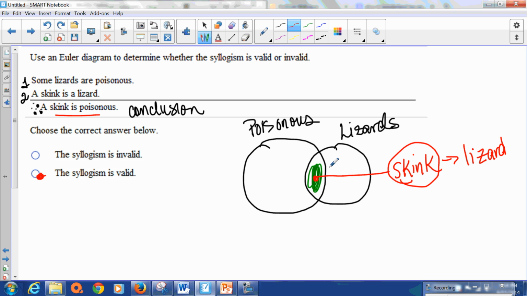It didn't say. It didn't say whether all skinks are poisonous, all lizards are poisonous, or something like that. I just know it's a lizard. I don't know what kind.